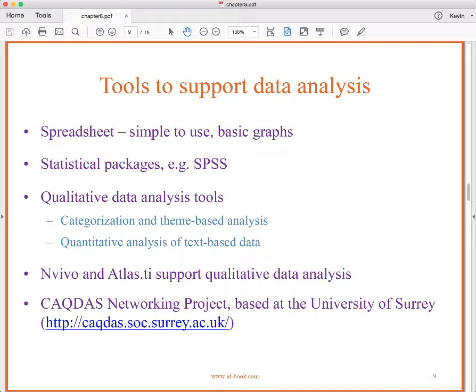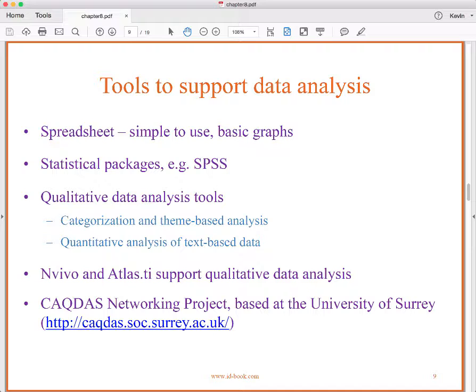And then we have statistical packages, and there are a number of them. One really interesting open source one is called R. One that's been around for a long time, a good 40 years or more, is SPSS, which initially meant Statistical Package for the Social Sciences, and now I think means only SPSS.